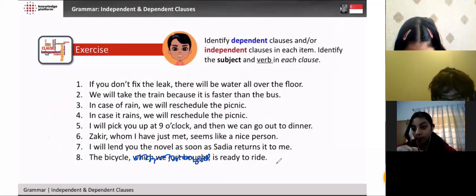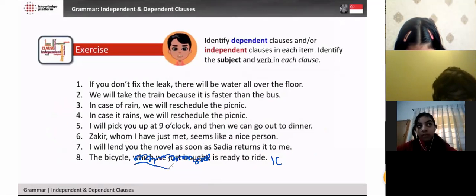Yes मैम. अब the bicycle is ready to ride क्योंकि आइडिया बन रहा है, कॉन्सेप्ट क्लियर हो रहा है, इसको हम कहेंगे इंडिपेंडेंट क्लॉज. और ये जो दरमियान का था which we just bought on its own, इसकी कोई सेंस नहीं है, तो ये डिपेंडेंट क्लॉज है.